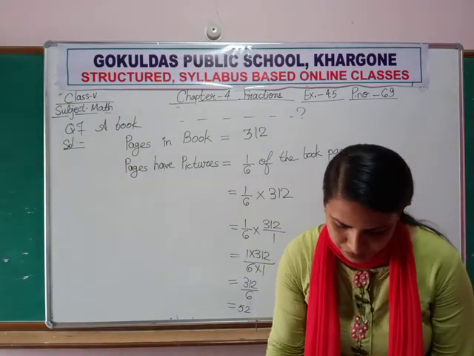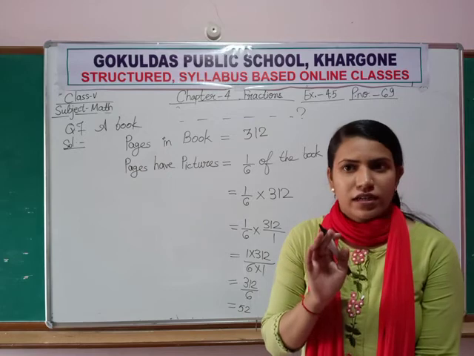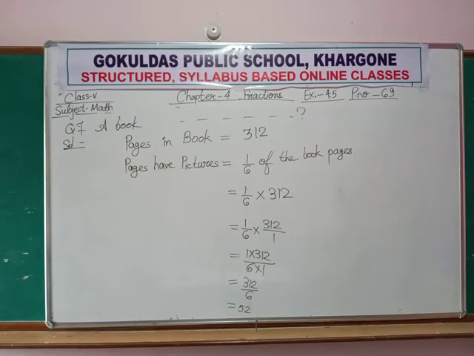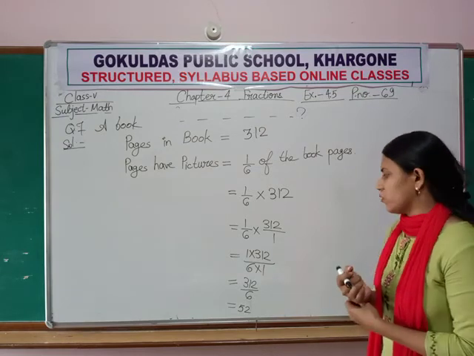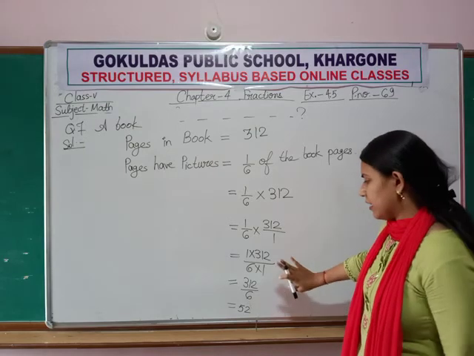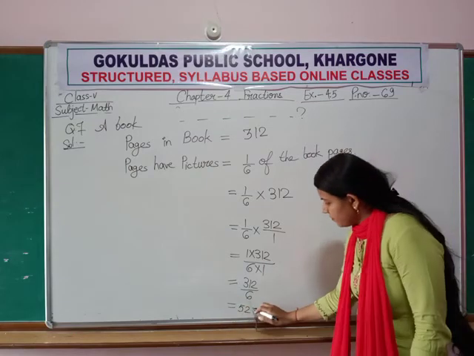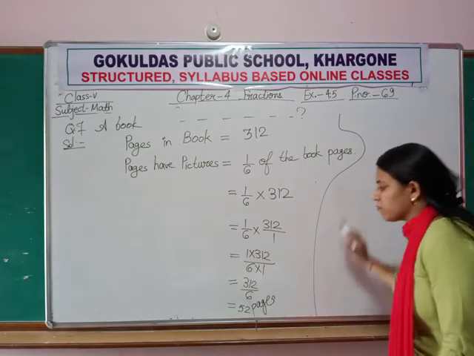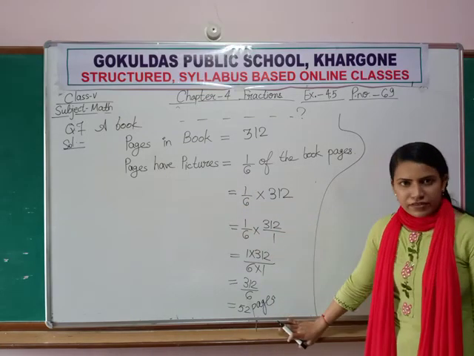But what they asked us is how many pages do not have pictures in the book. It will be our last step. 52 pages have pictures. Remaining part I am solving here.